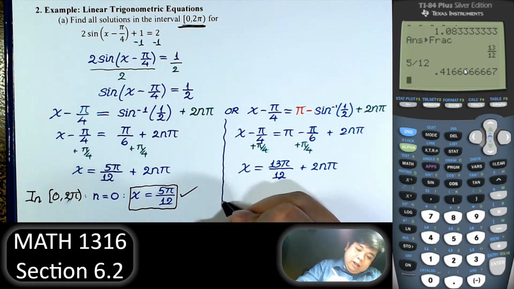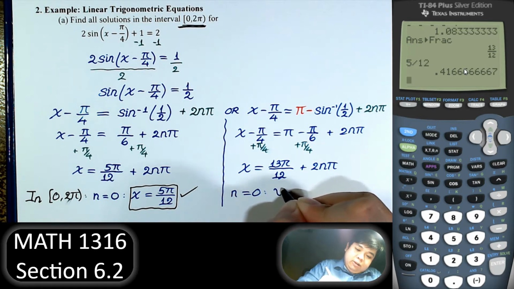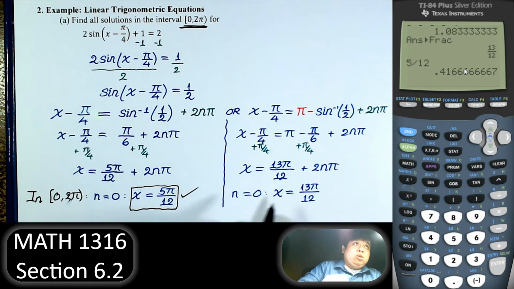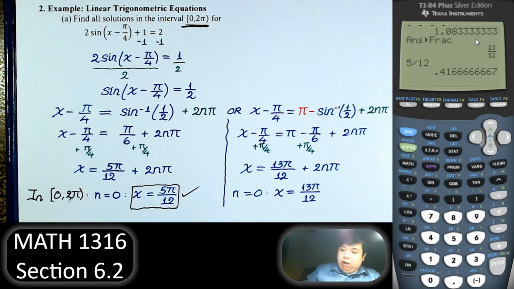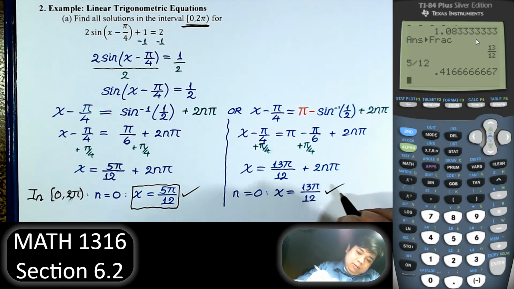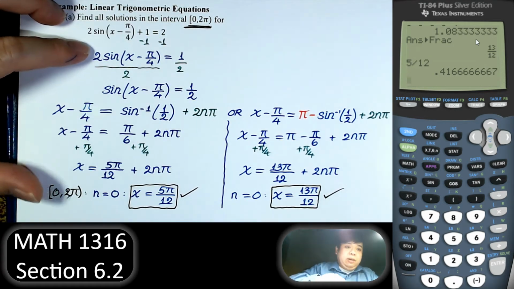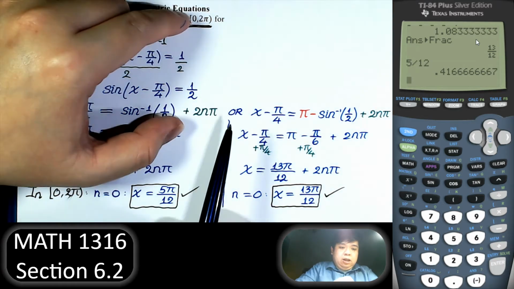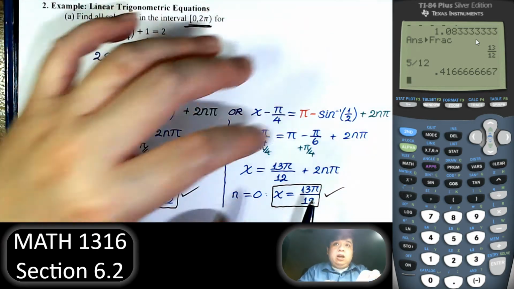And over here, if we choose n equal to 0, we have an angle of 13 pi over 12. And again, 13 pi over 12 is 1 point something times pi, which is between 0 and 2 pi. And if it is between 0 and 2 pi here, and we have sine, the period is also 2 pi, then in that case there's only one value of n that makes this equation work.